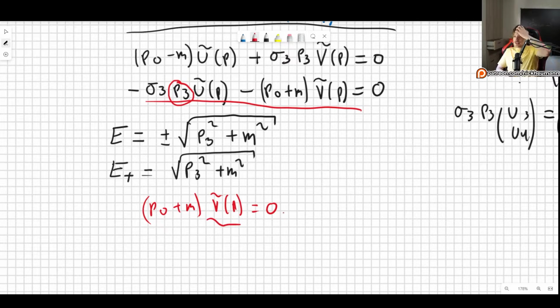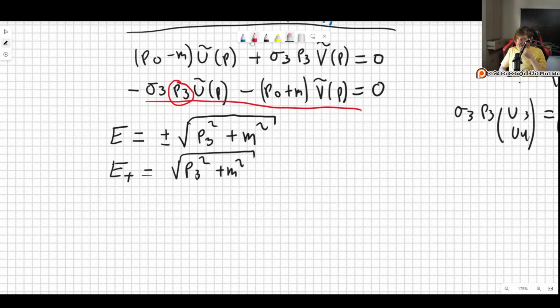All right, so that means that v tilde is dependent basically on the other part, while u tilde is not dependent. So that is why we will solve for v tilde, because that is the dependent part.